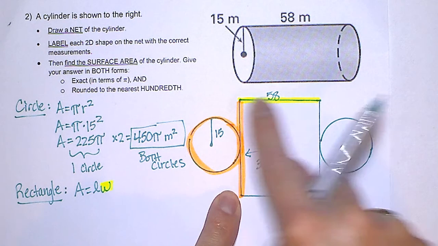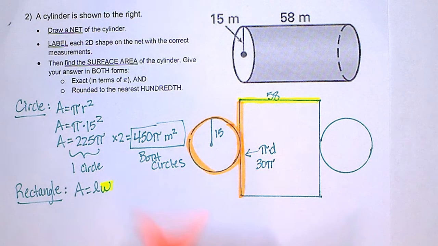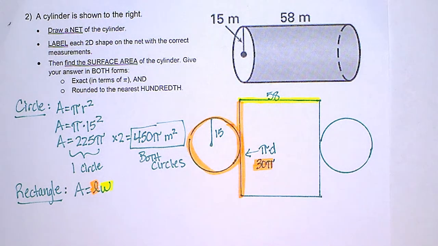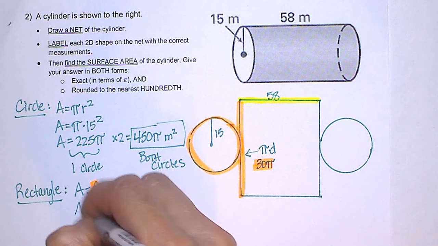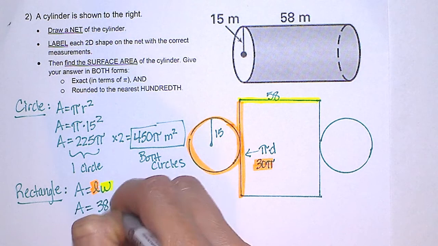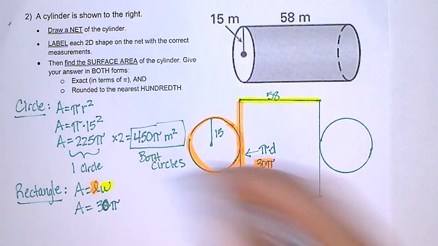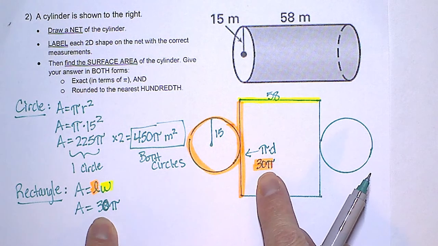Okay, so that's the length. This is the width. So length is 30 pi. So the area of the rectangle is 30 pi times 58. Now I know that's kind of an awkward step to write because we're not used to writing pi in our answer.